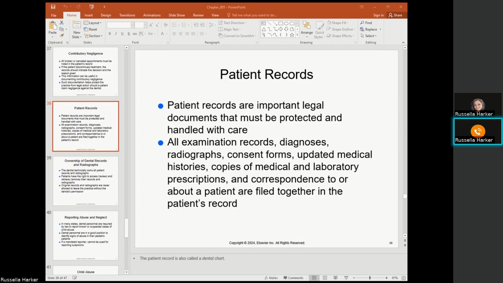So it is very important to have the chart organized and each chart in the same order. So when you go from office to office, the charts typically are in the same order: administrative on the left side and clinical documentation on the right side.